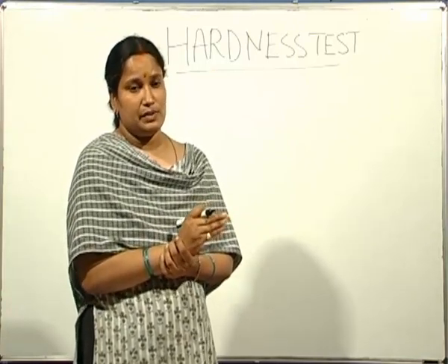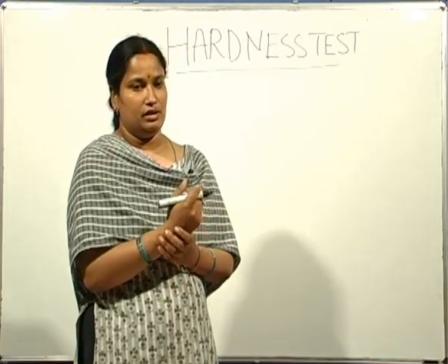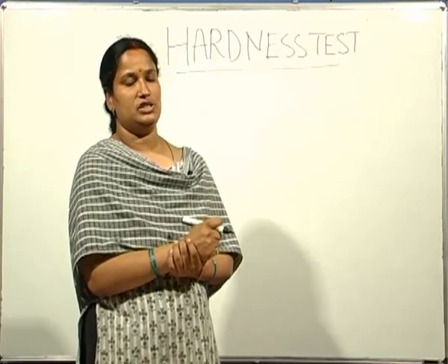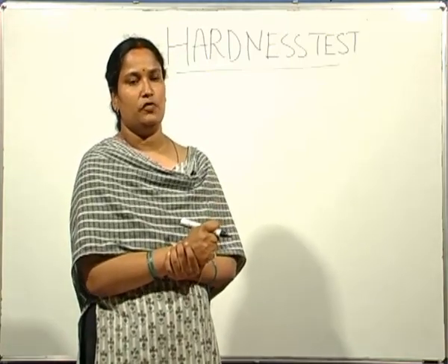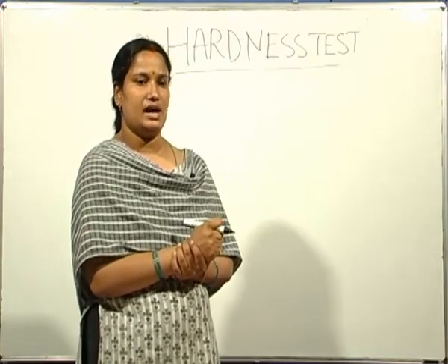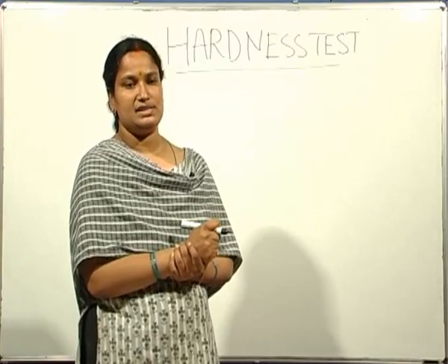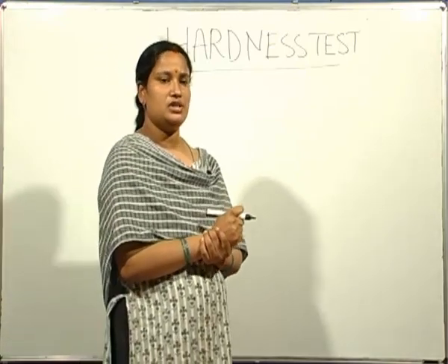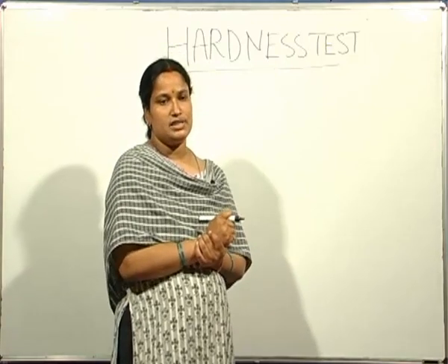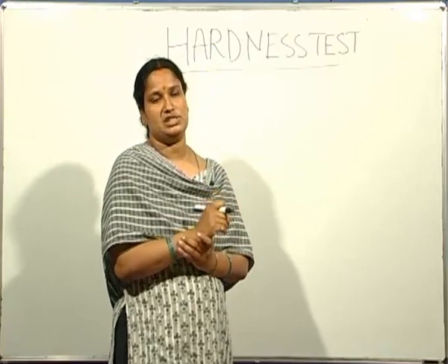There are various branches of engineering, and each defines hardness according to its own branch. For example, a machine engineer defines hardness as resistance to cutting, whereas a mineralogist defines hardness as the resistance of the material to scratching.